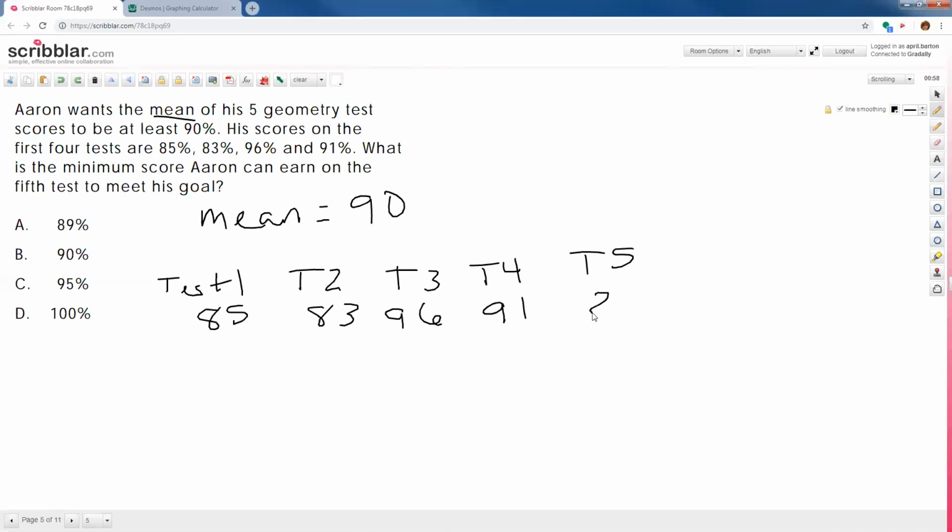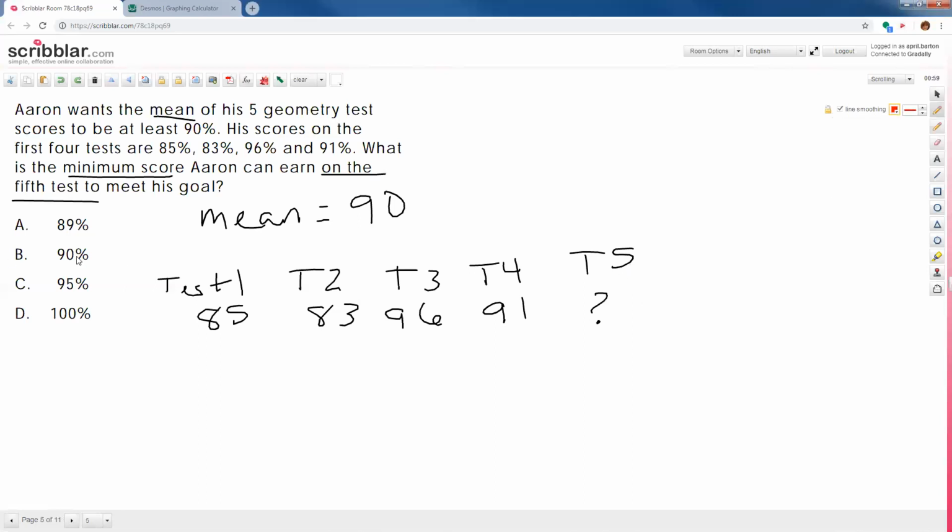So test 5, we don't know what it is. That's what we're actually looking for. Minimum score on the 5th test. But we do know that once we find the mean, we want the mean to be 90. So this is one where we don't just add them together and divide by 5 because we don't have the 5th test.